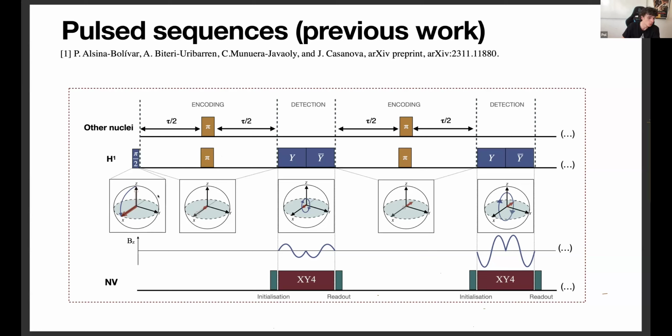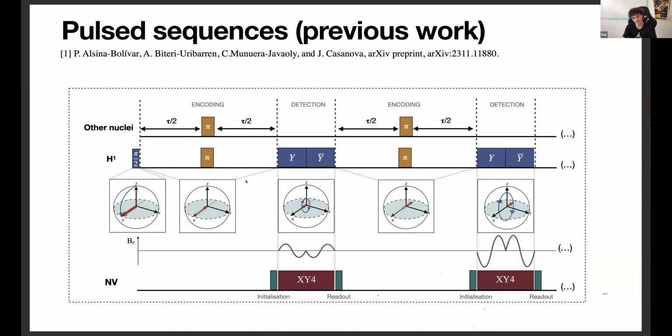If you want to know what happens to the state more visually, you can imagine in the Bloch sphere the state of the hydrogen is placed in the X eigenstate, and then thanks to the evolution of the J-coupling, this state will move always on top of this axis, oscillating only like this. The frequency of this oscillation will correspond to the value of the J-coupling. Once I've done this encoding period, it's time to read.